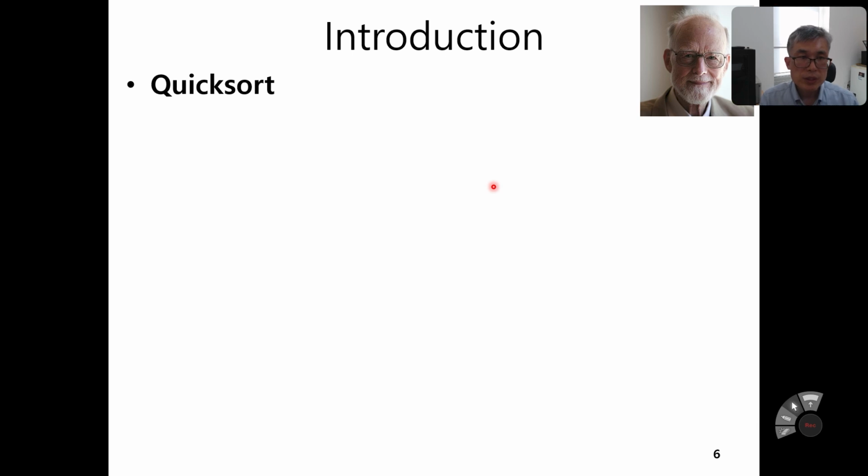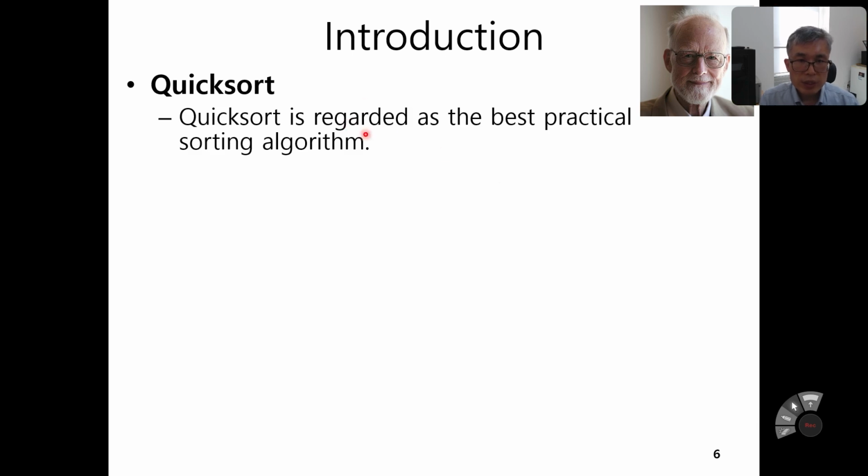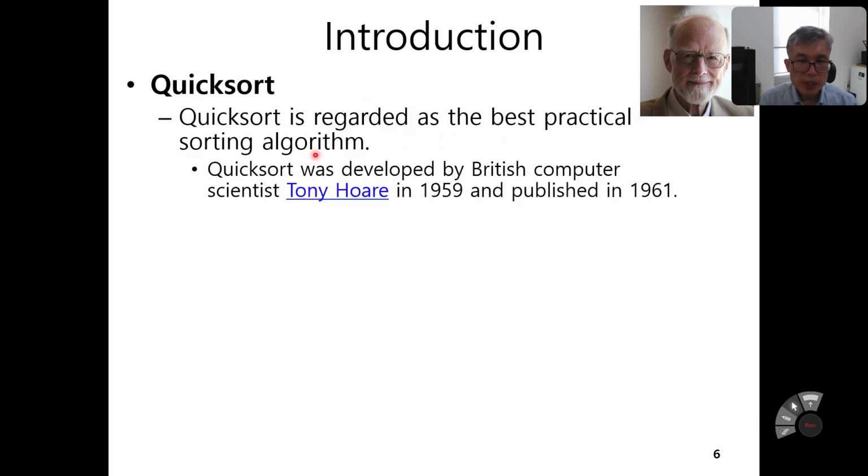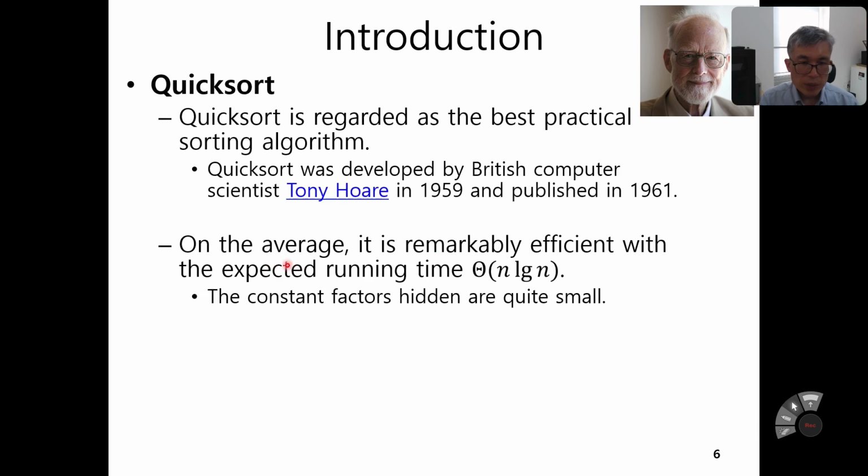So, introduction. Quicksort is regarded as the best practical sorting algorithm. It was developed by British computer scientist Professor Tony Hoare in 1959, and the algorithm paper was published in 1961 in Communications of the ACM. On average, it is remarkably efficient with an expected running time of Theta of n log n.